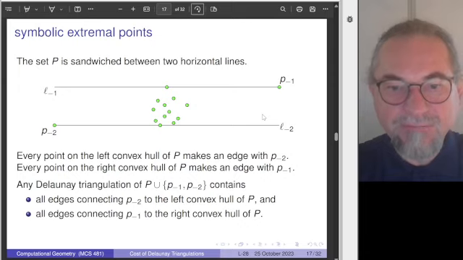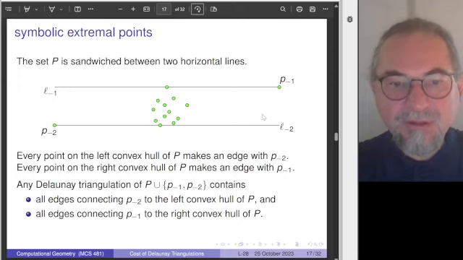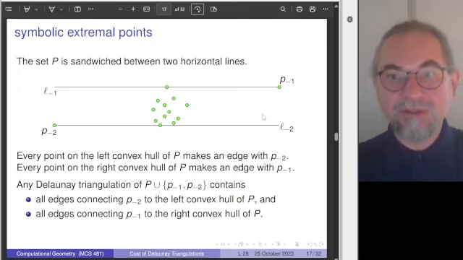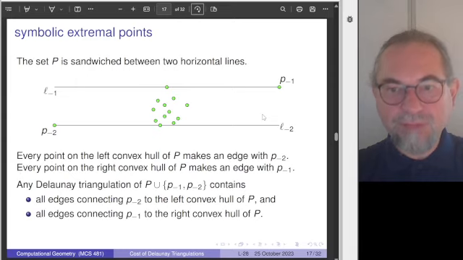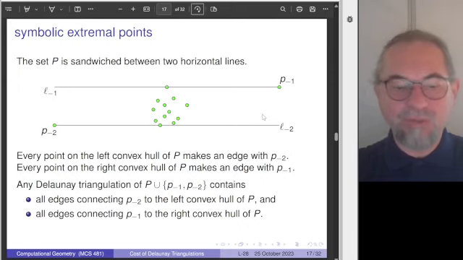Actually, we do have the convex hulls that we are constructing. That's the initial construction here. This is n log n. So you can initialize your Delaunay triangulation like this with the convex hull. This is also where the k in the complexity comes from. These are the points on the boundary of the convex hull.